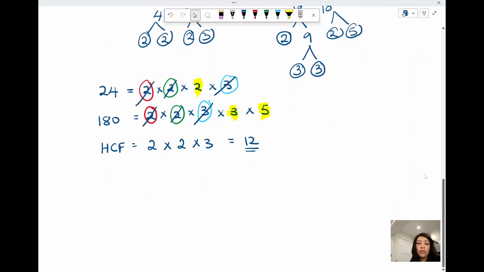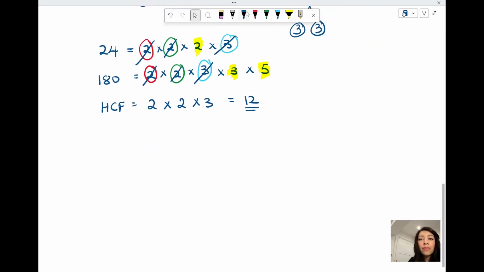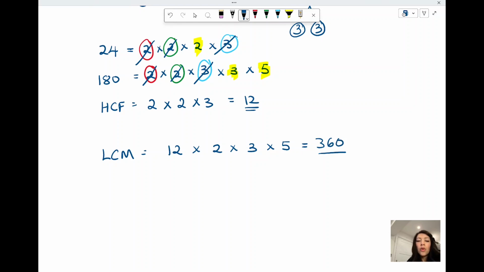So now we want to find the LCM, which is equal to the HCF, which is 12, and the remaining products which haven't been used, 2 times 3 times 5, which is equal to 360. So the lowest common multiple of 24 and 180 is 360.